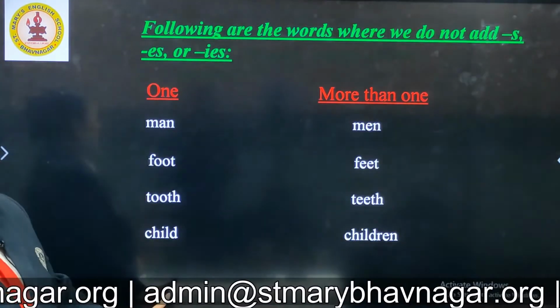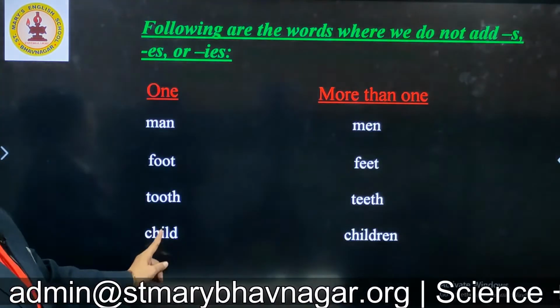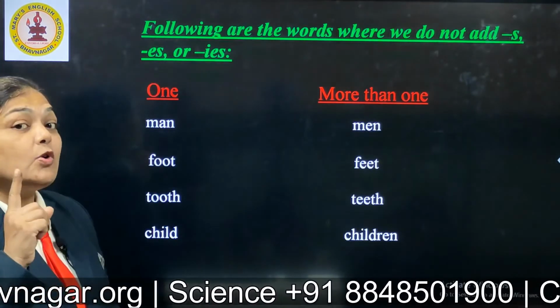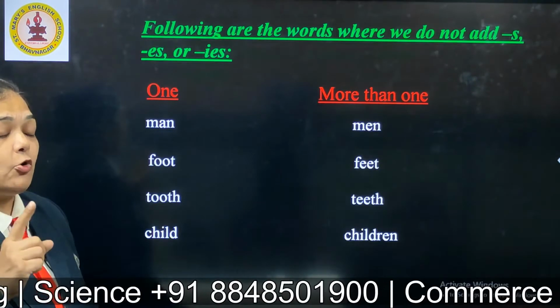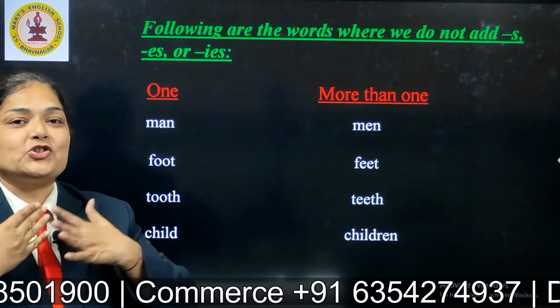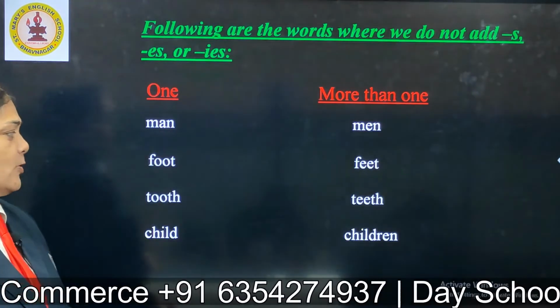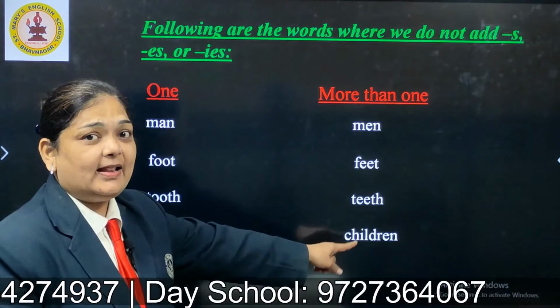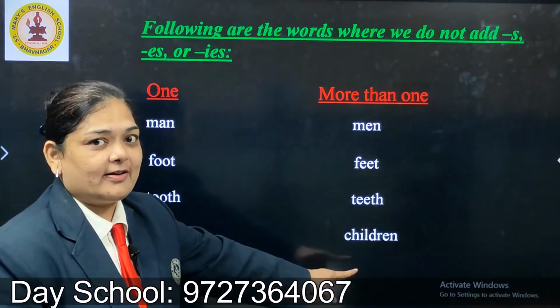Now the last and final word children, CHILD, child means a single child. We are talking about one child. But when we are talking about more than one child, you all are my children, right? So child will change to CHILDREN, children. Okay children?